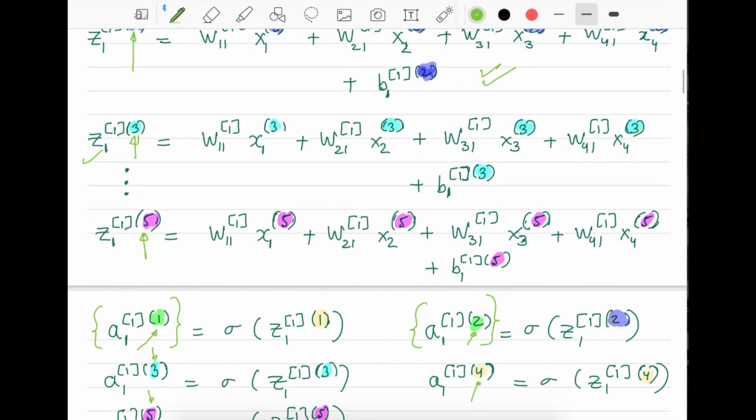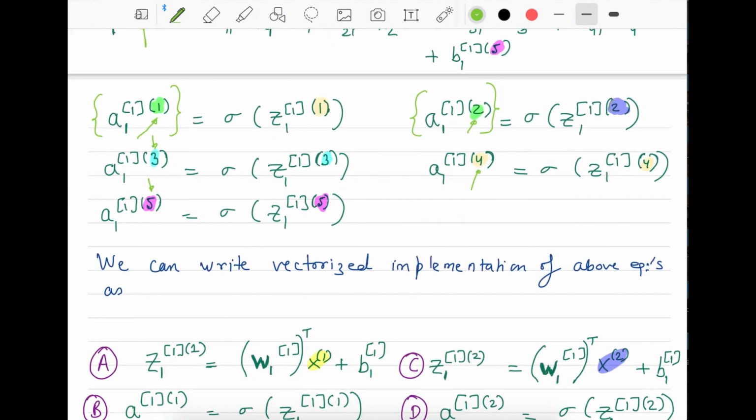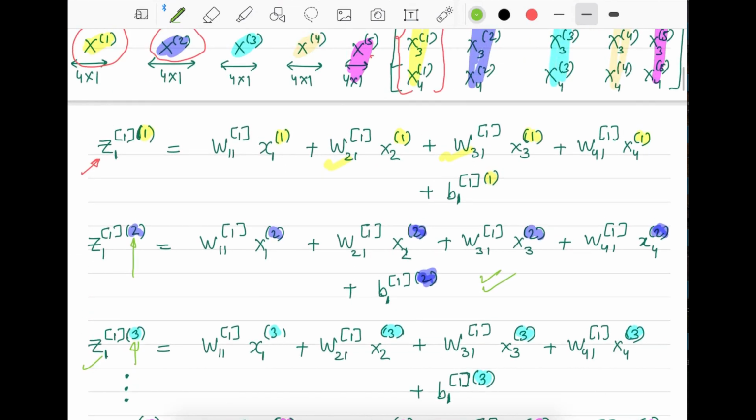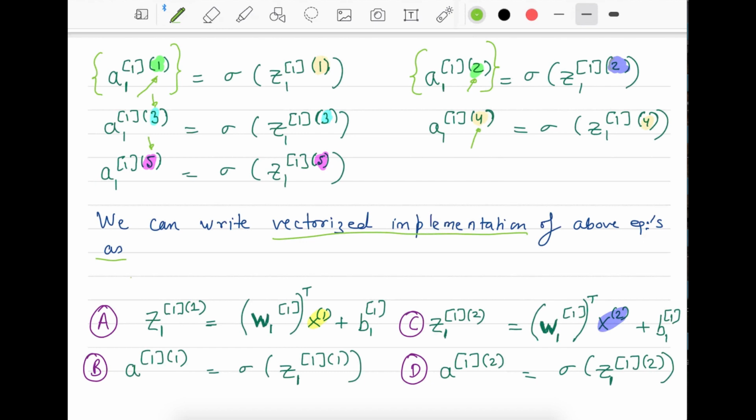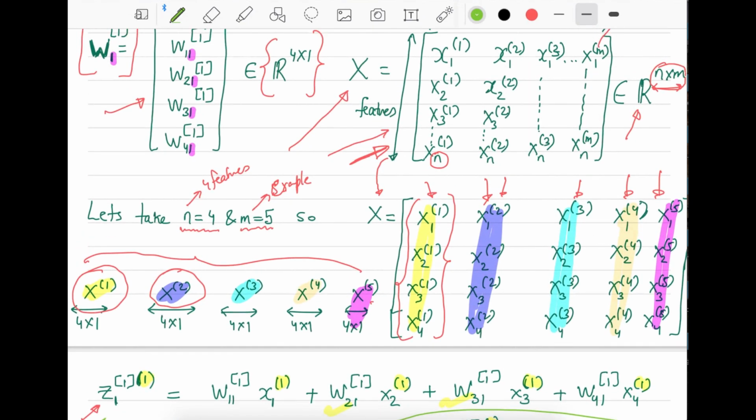Now we will write the vectorized implementation of the above equations. The first equation that we have here can be easily represented like this, as we have discussed in our earlier slide. As you can see, we have a different input here, x1, and this individual x1 is a 4 cross 1 vector, which is given over here.